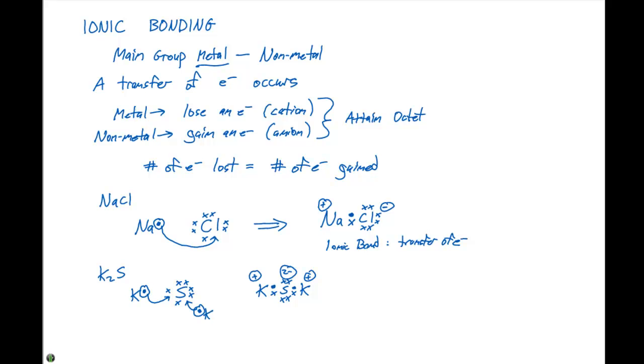In addition to these examples, we can look at aluminum oxide, which is Al2O3. And in this particular case, if we look at an oxygen and an aluminum, aluminum has 3 valence electrons. Oxygen has 6 valence electrons.